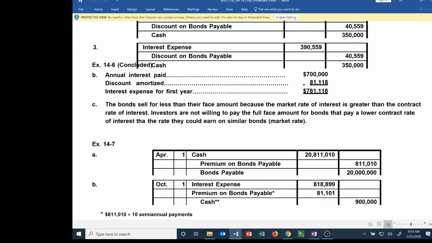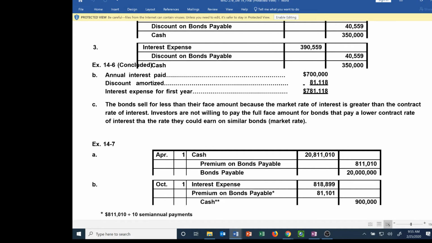It did say 8, but that was the market rate. Our bonds are paying 9, market's paying 8, so we can demand a premium. So 9% or 4.5% of 20 million is 900,000. Remember, the bond rate is what you're paying interest on. All right, so credit 900,000.